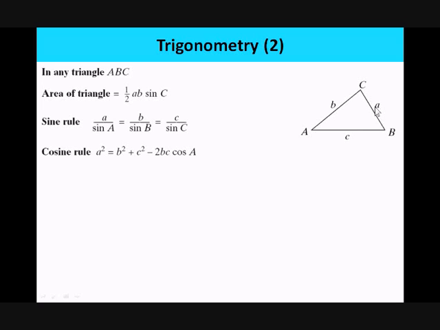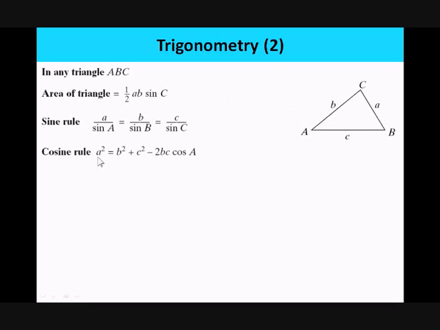Any side divided by the sine of the angle it's opposite comes to the same answer, whichever side and angle you pick in the same triangle. So if you're going to use that one, you need to have both a side and an opposite angle amongst the information you have in order to be able to work anything out.